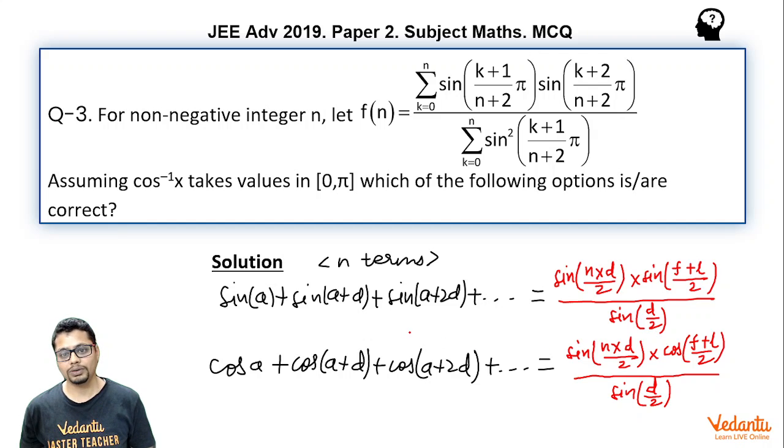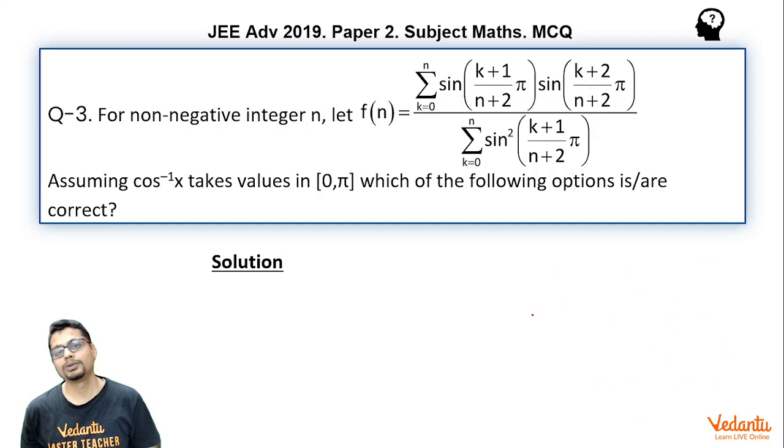Now you can also note that in the two formulae, only the second term of the numerator is different in sine and cos. Rest is the same. So let's solve this question.